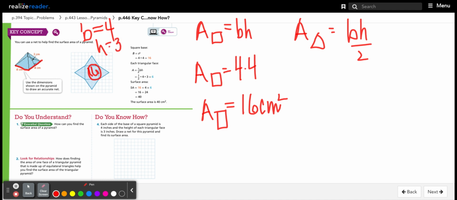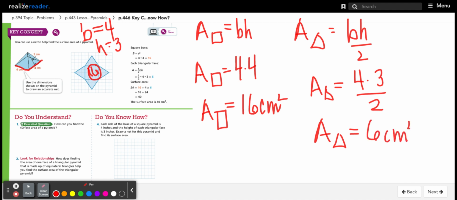So now let's plug that into our formula. The area of the triangle is 4 times 3 divided by 2. So the area of 1 triangle is 6 centimeters squared. So we have 16 as the area of the square, and then we have 6 as the area of the triangle. So I have 16 plus 6 plus 6 plus 6 plus 6, right?